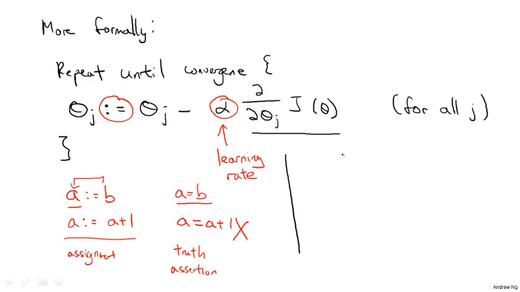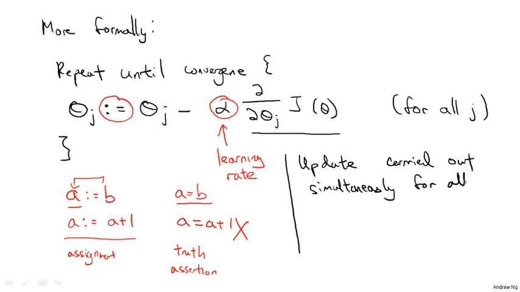Finally, one last detail: this is my update to theta j. What I'm going to do is carry out the update simultaneously for all theta 0, theta 1, up to theta n, or whatever the dimension of theta is.